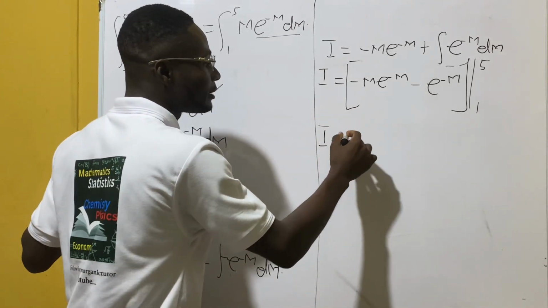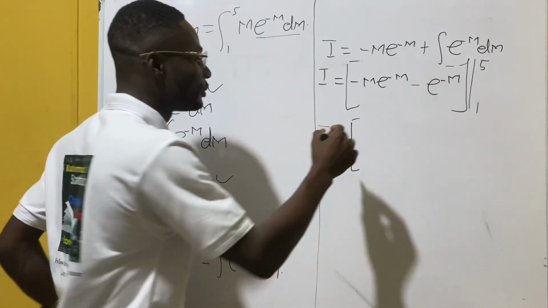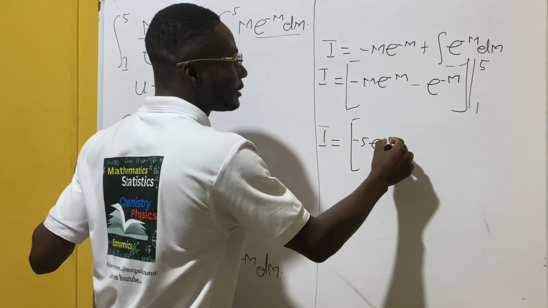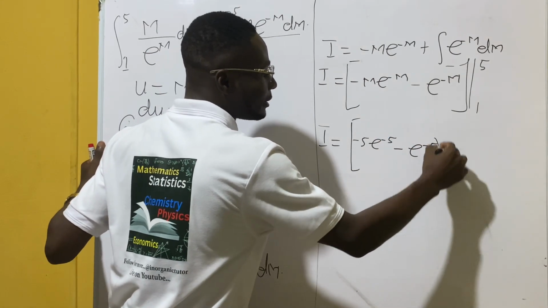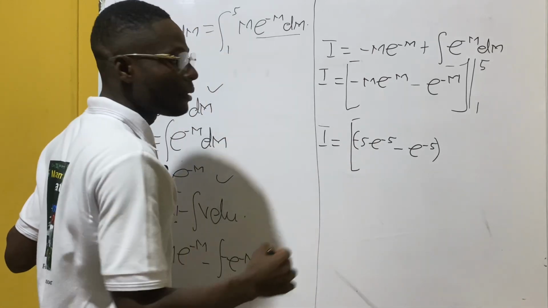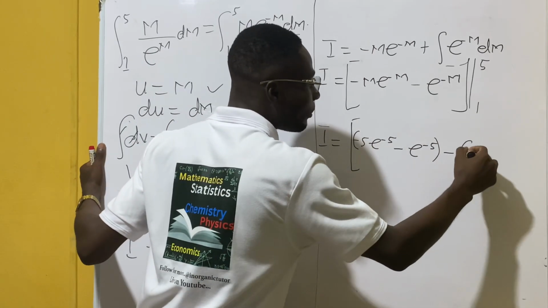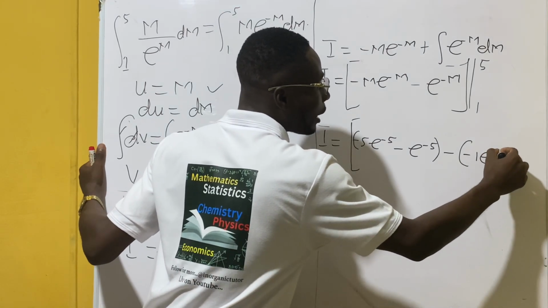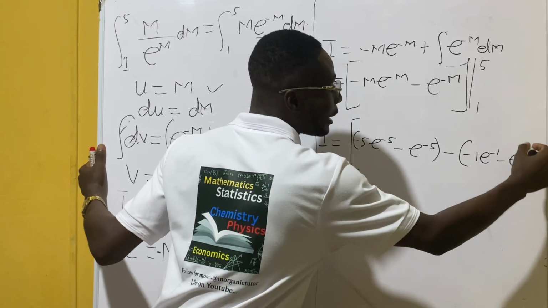When we do that, 5 here is going to be minus 5 e power negative 5, minus e power negative 5 right here. Minus this into minus 1 e power negative 1 minus e power negative 1.